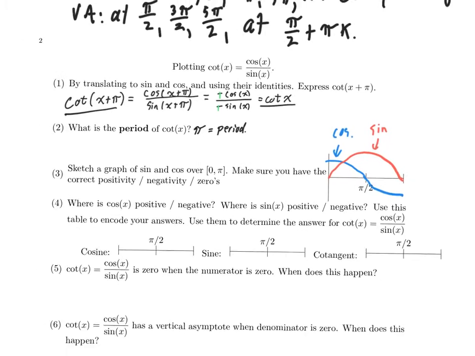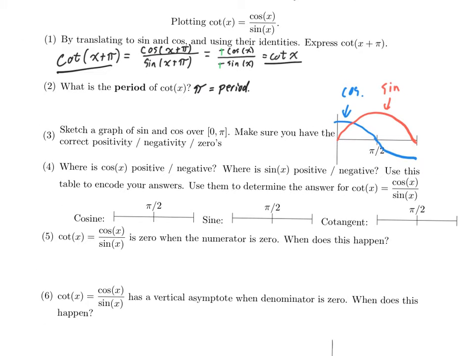All right, well, let's start by just recording positivity and negativity. So cosine is positive from 0 to pi over 2, negative from pi over 2 to pi. Sine is positive on the whole interval. So cotangent from 0 to pi over 2 will be a positive divided by a positive, cosine over sine, so cotangent will be positive.